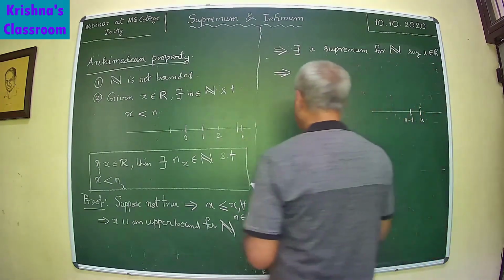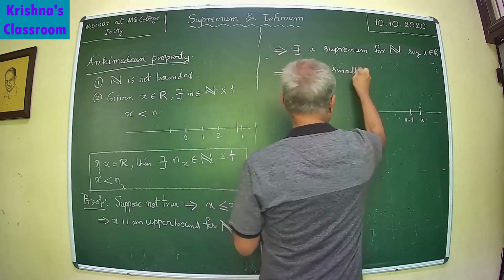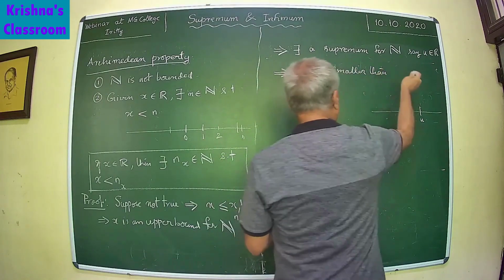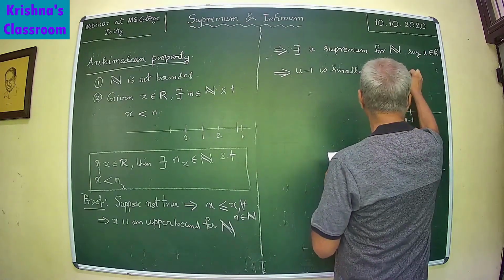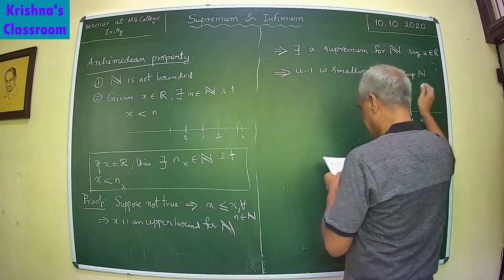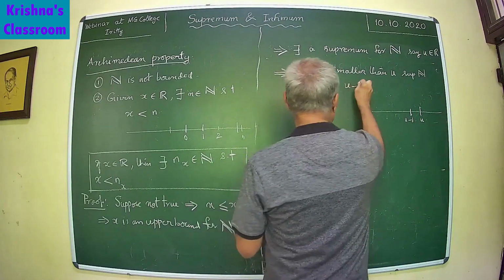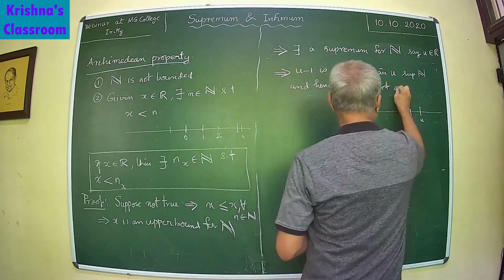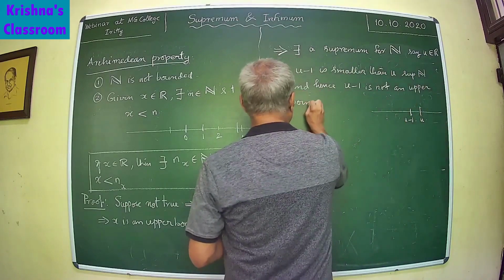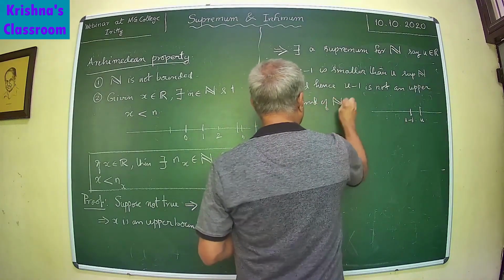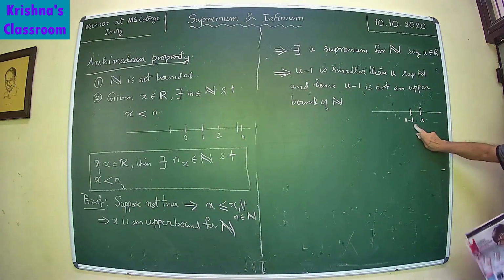Okay. Then u minus 1 is smaller than u, the supremum of N, and hence u minus 1 is not an upper bound of N. So u is the least upper bound, therefore u minus 1 is not an upper bound of N.